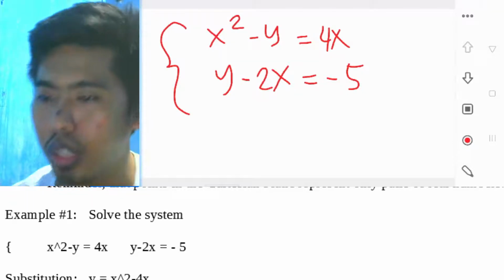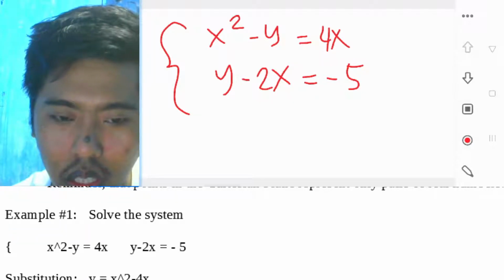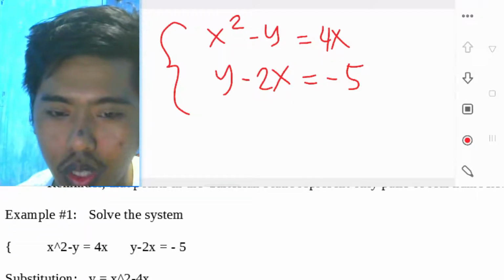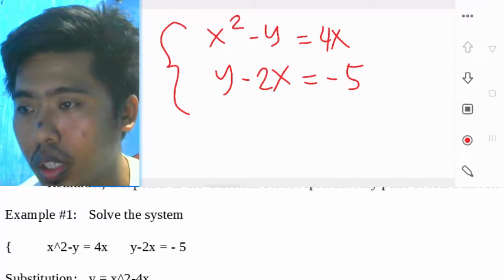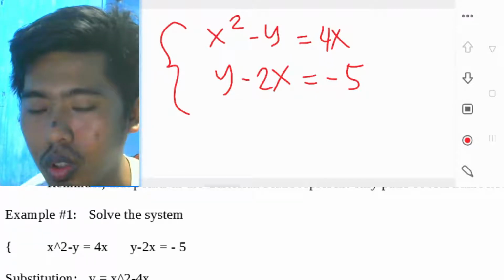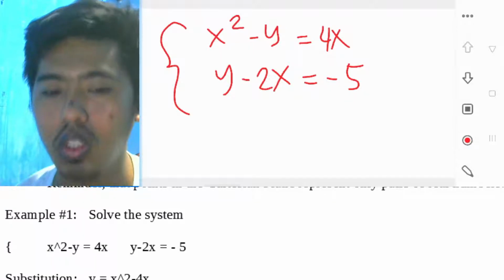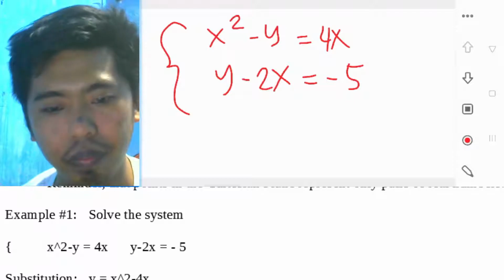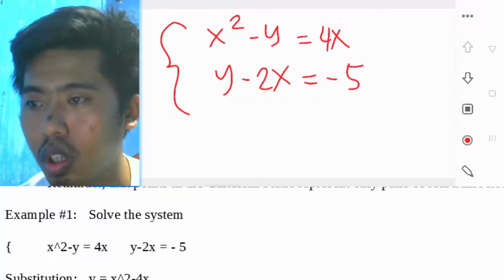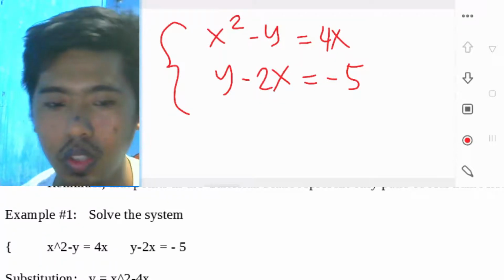So for this example, guys, I prefer substitution. Here you can either choose the first equation or the second equation, but it's up to you. As long as it's easy for you to answer this problem, you can choose either one.